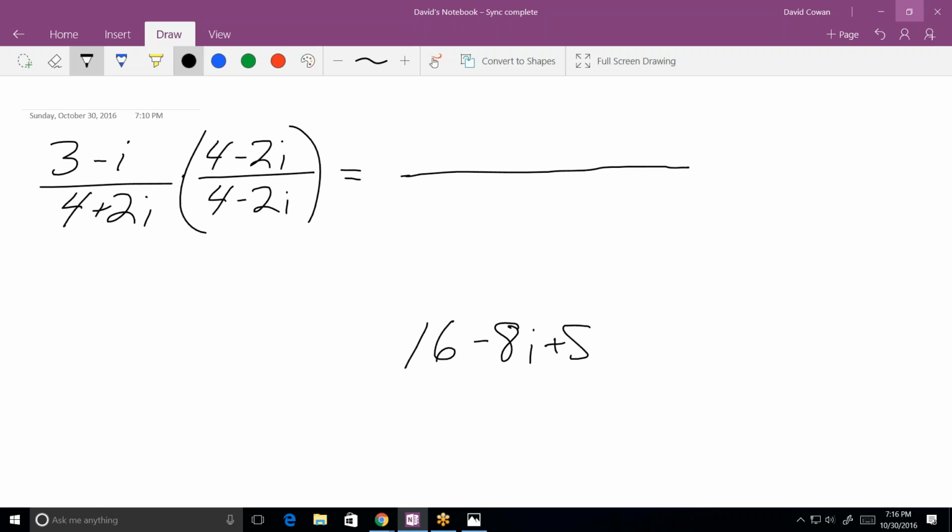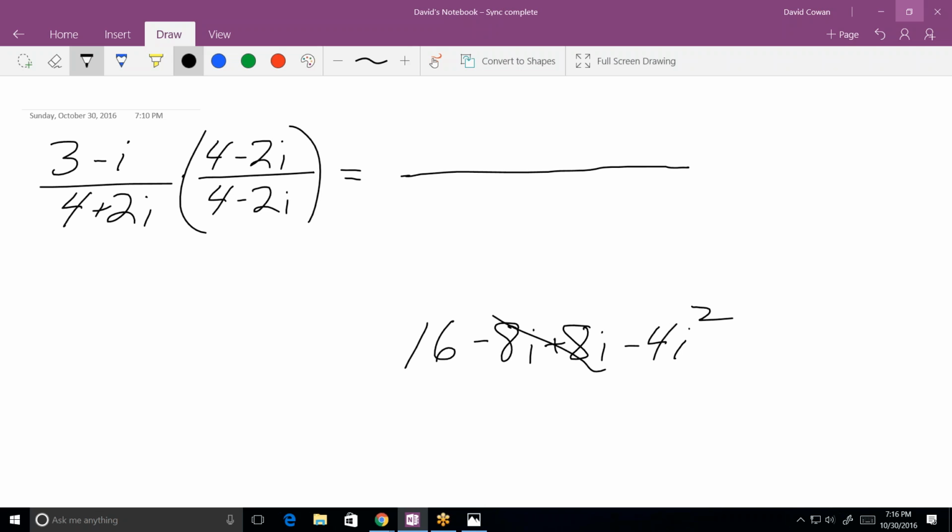That's always going to happen. Those two terms are always going to cancel. And finally, what's your last term? Negative 4i squared. Don't forget the squared. That's a key part of it, because that's what's going to allow us to turn it into a real number.